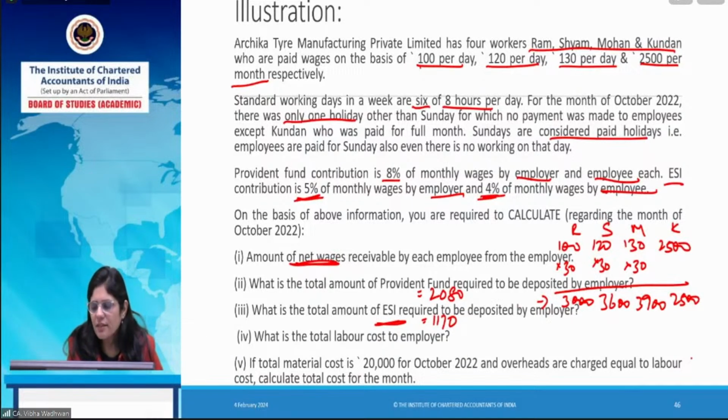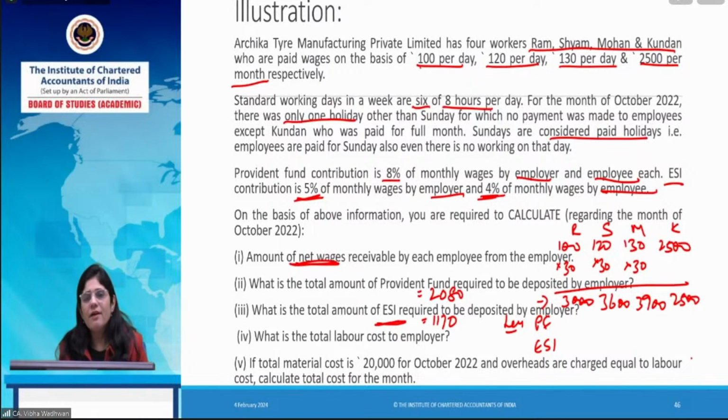So these are the gross wages less PF less ESI. Employer or employee, whose contribution are you deducting to calculate net wages? This is very important. Answers are different, that means somebody is making a mistake. Employee. Now Srinivasan said not employer. This is what I've explained to you yesterday in detail.